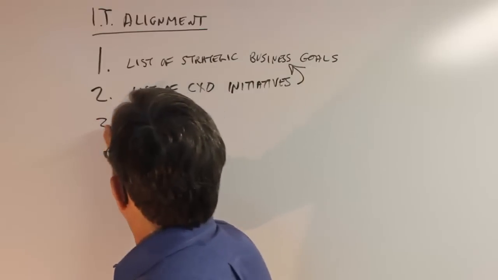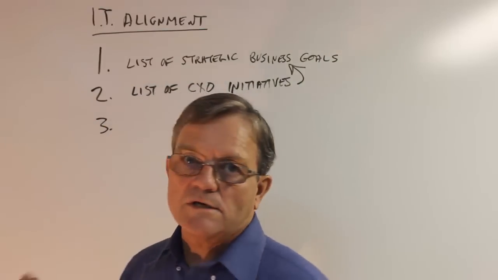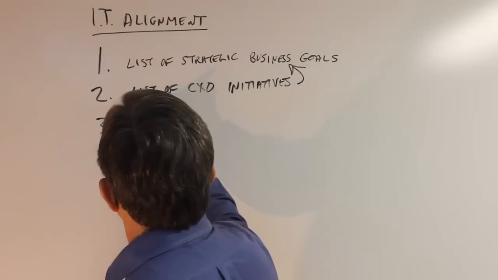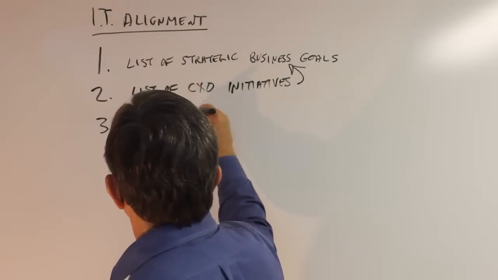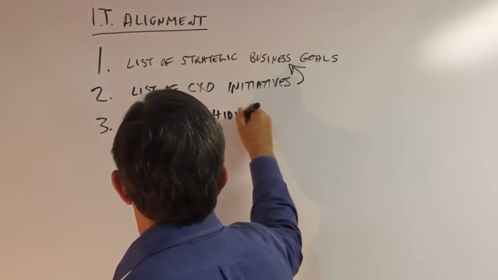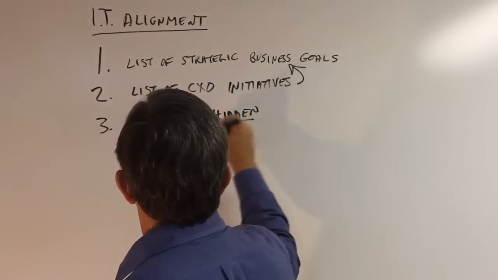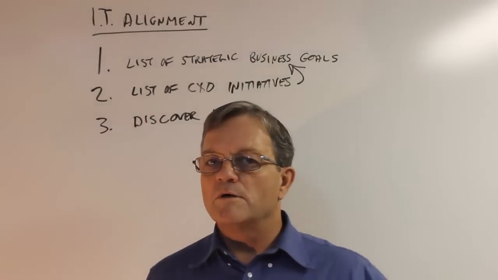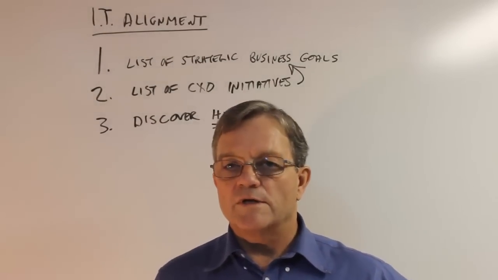Then in step 3, we have this discovery process where we're going to go about discovering hidden, that means things we're not currently working on or currently thinking about, but new ideas that we haven't even considered yet.